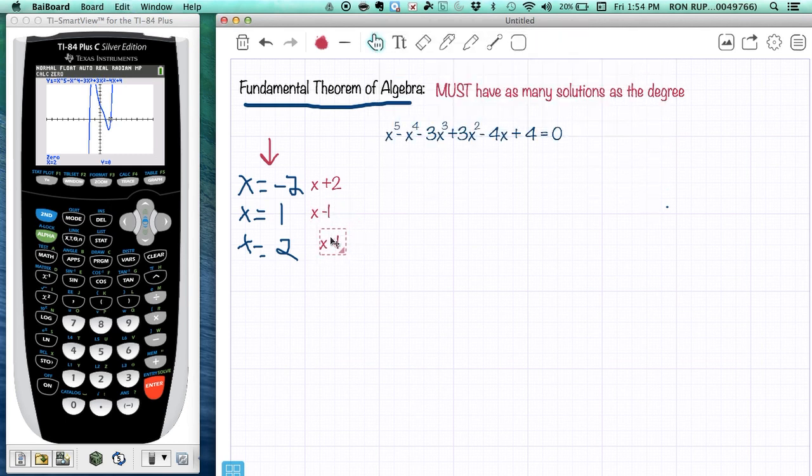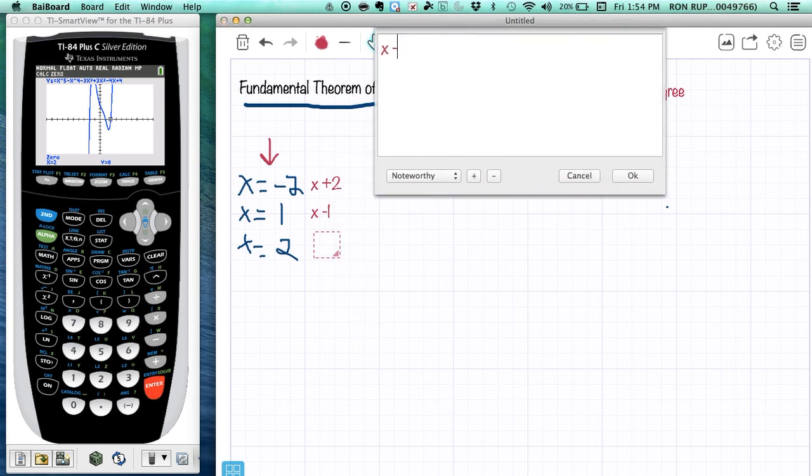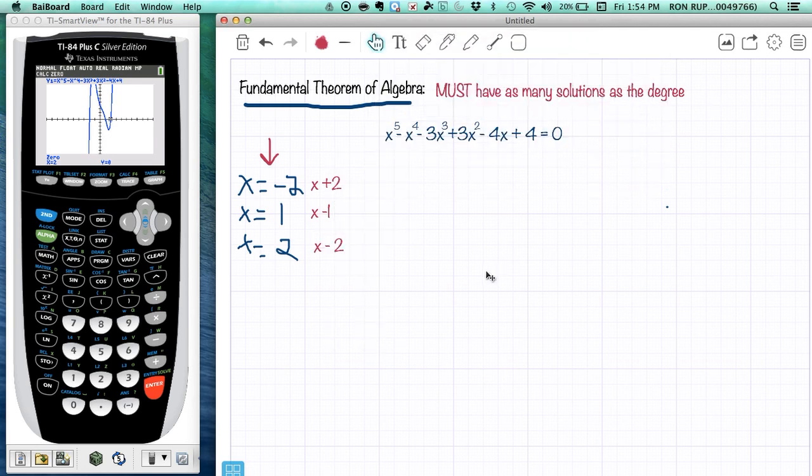And then x minus 2, the factor that goes with the zero x equals 2. Because if I set each of these factors equal to 0 and solve for x, I would get negative 2, 1, and 2. So if you're going to do polynomial long division, you're going to want to turn those zeros into factors. But I'm just going to do synthetic division.